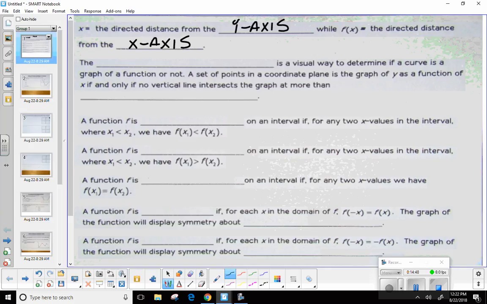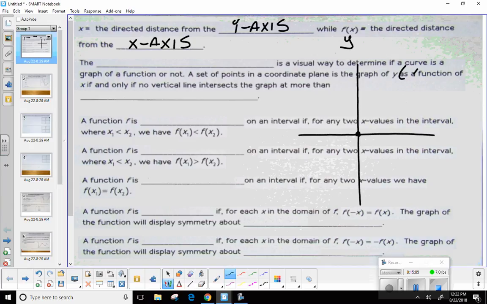Okay, and that makes sense because you think about it. What does f of x really mean? It's just your y variable. It's the notation we use in place of y, because y is what we call the dependent variable. Y depends on x. So if I were to take a look at a coordinate grid, here's the origin.